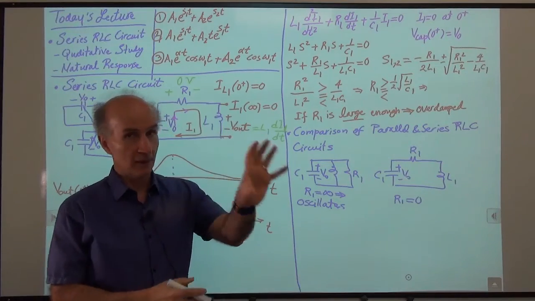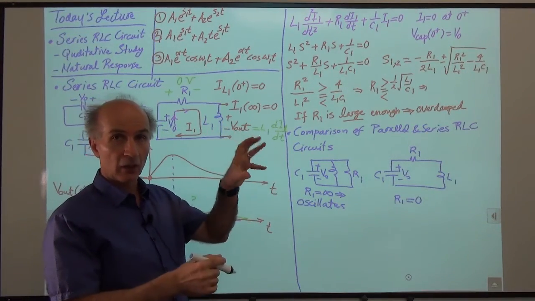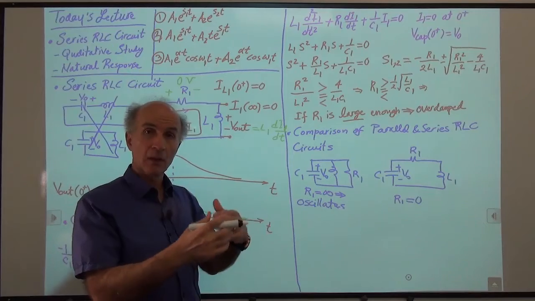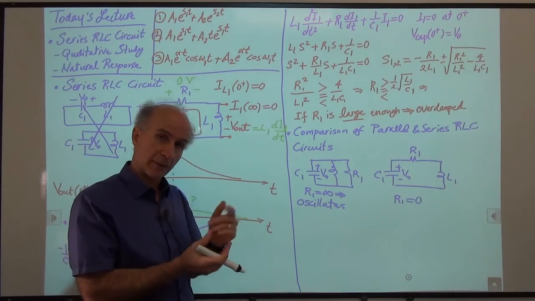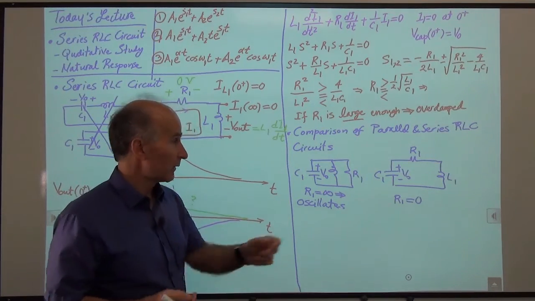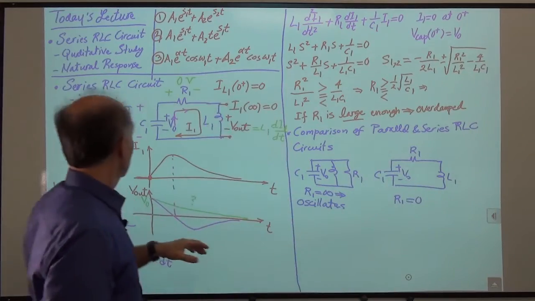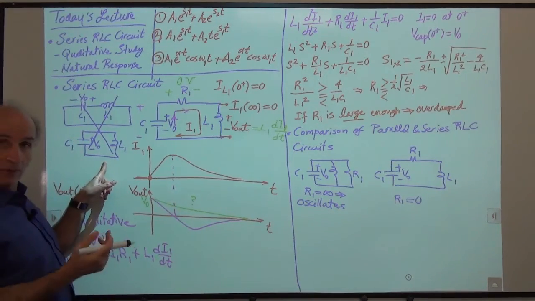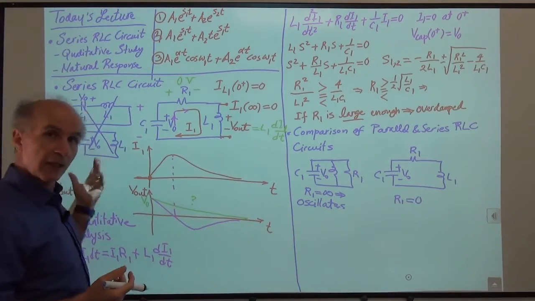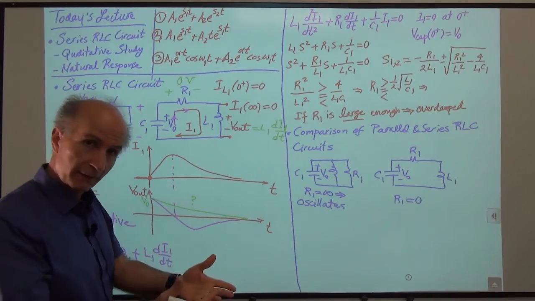So the capacitor has an initial voltage, and R1 can have some value. I pick it to be 0. What happens? Well, if R1 is 0, this circuit just reduces to this circuit, right? It's just a simple series LC circuit, and it will oscillate indefinitely.